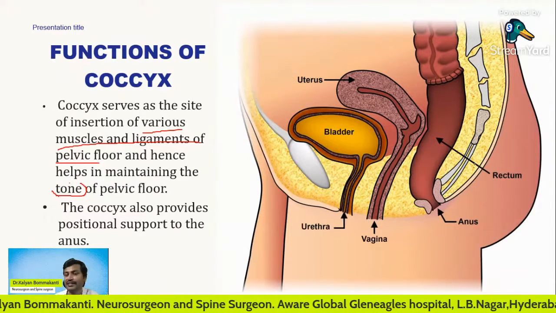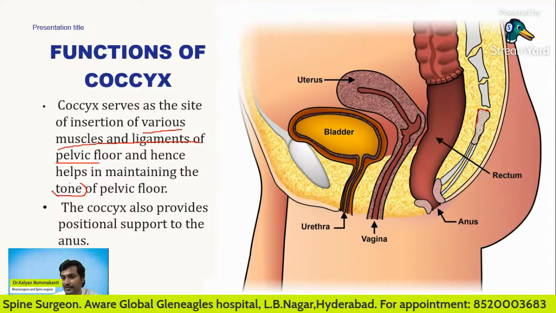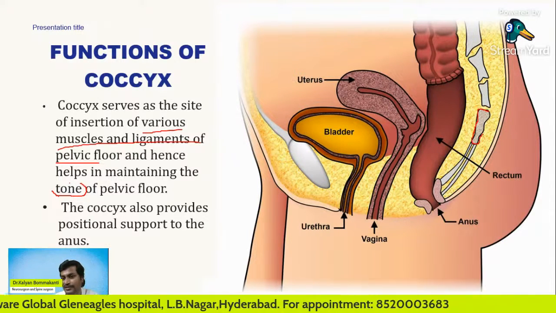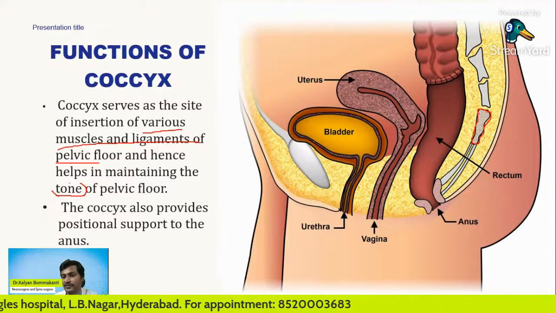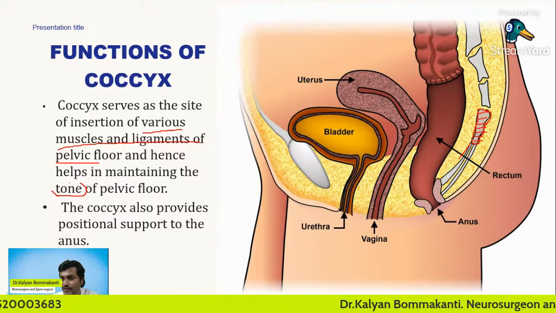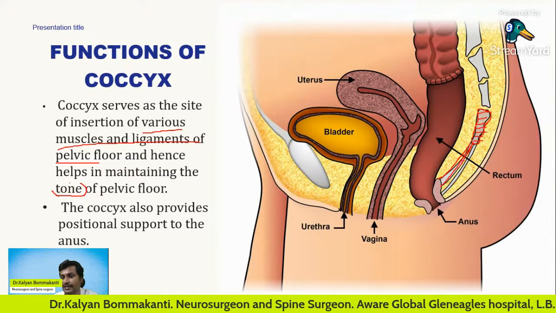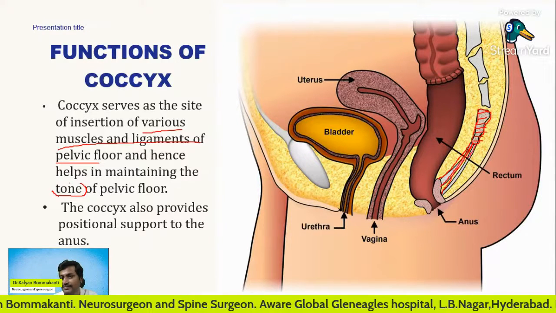Now see this diagram. This is our coccyx. What I'm drawing in red is the coccyx, the terminal portion of our vertebral column. This bone, by means of numerous ligaments, provides some support to the anus. This is our anus.